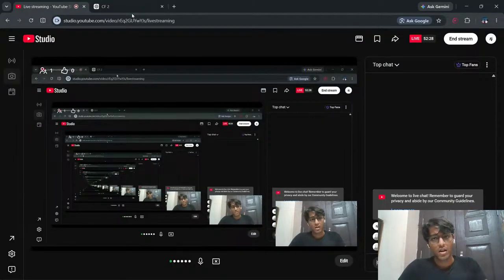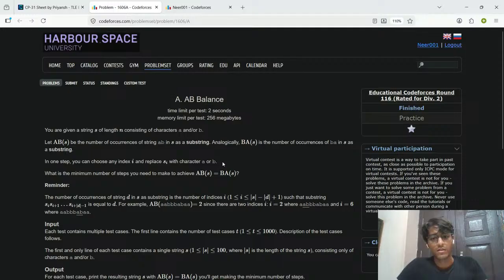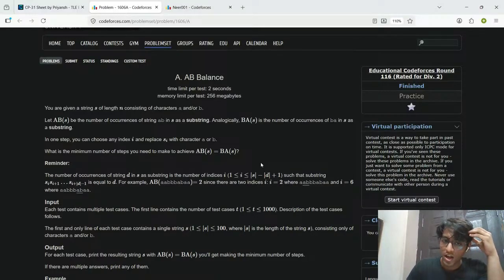This problem basically asked, there was one major observation which needed to be made: if the first and the last characters of the string S are equal, then AB will be equal to BA, where AB is the substring containing characters AB, and BA is the substring containing characters BA, and the number of AB and BA will be equal. For example, if A is the first character and B is the last, then AB will be greater by 1.